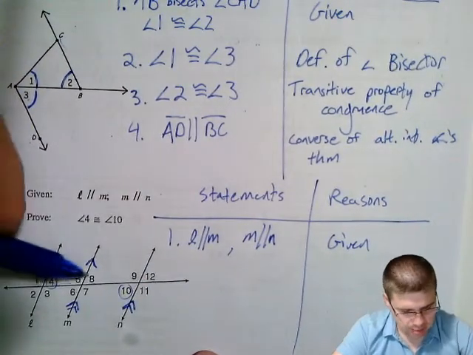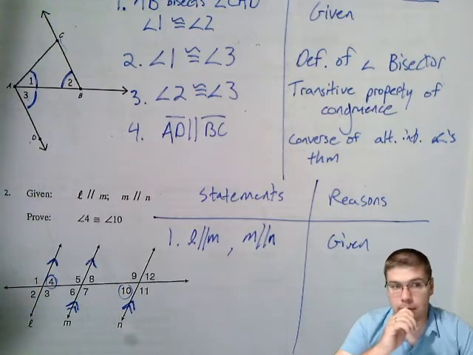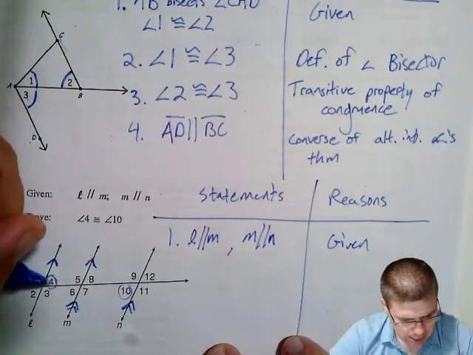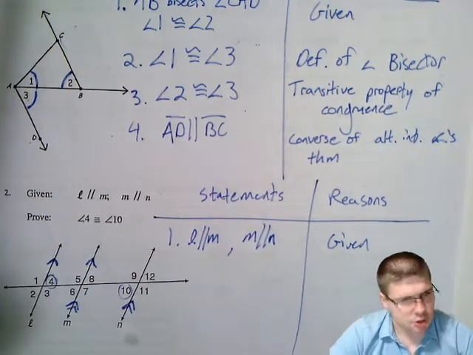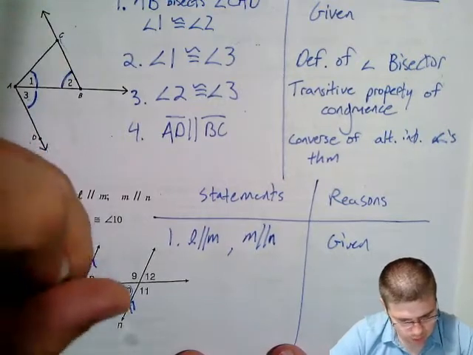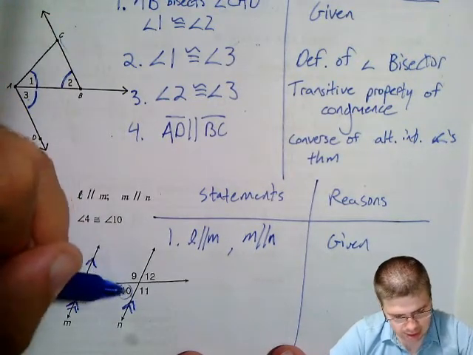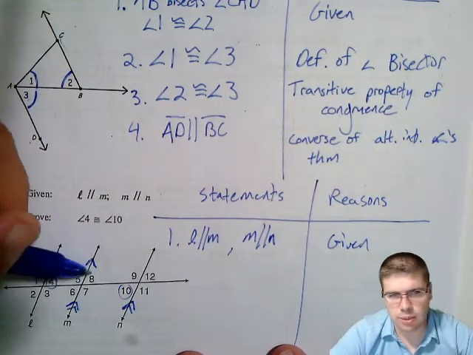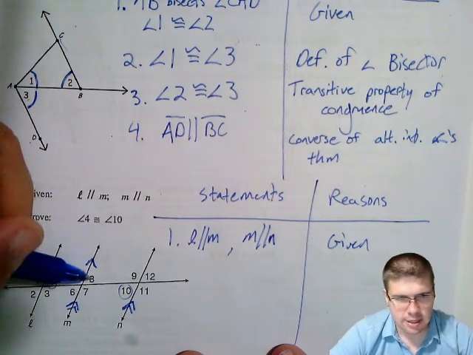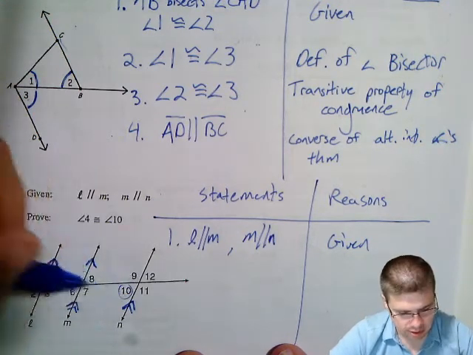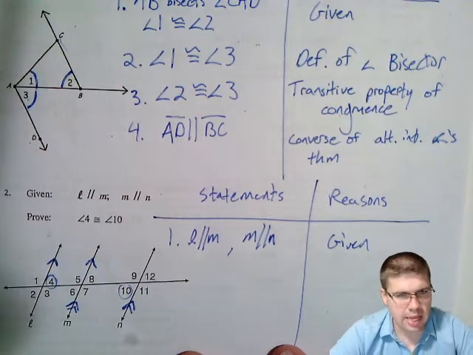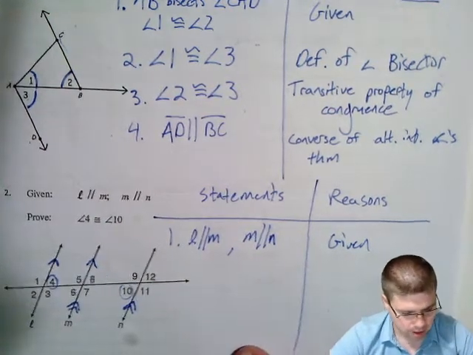First, I know this line is parallel to this line, and there are multiple different ways this could be done. But I'll show you one of them. I want to step my way across to get to this. So if I can show that 4 is congruent to, say, 8, and then with these 2 lines being parallel, 8 is congruent to 10, then I can do that transitive property thing again.